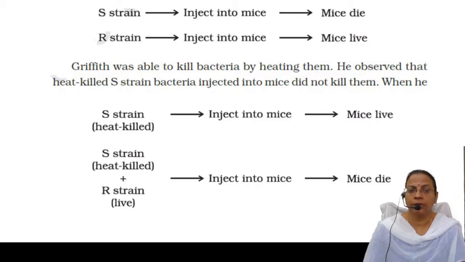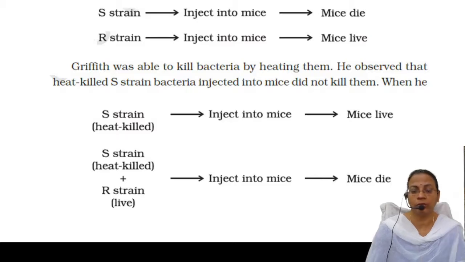That means, even though the heat killed S strain cannot create pathogenicity, some material in it is capable enough to transform the R into S type. Not only that, from the dead mouse he was able to extract the live R as well as the live S varieties.